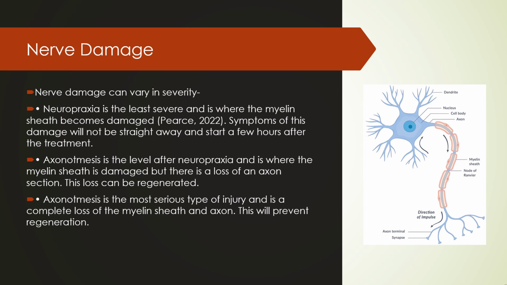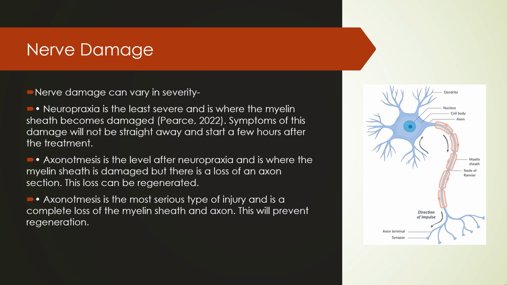I'm not even going to attempt to say the other names, but we're talking about this one. I think it's axonotmesis, is the level after neuropraxia, and it's where the myelin sheath is damaged and there's a loss of the axon section as well. So you've got the axon terminal, the sheath has been damaged and the blue bit in the middle has also been damaged.